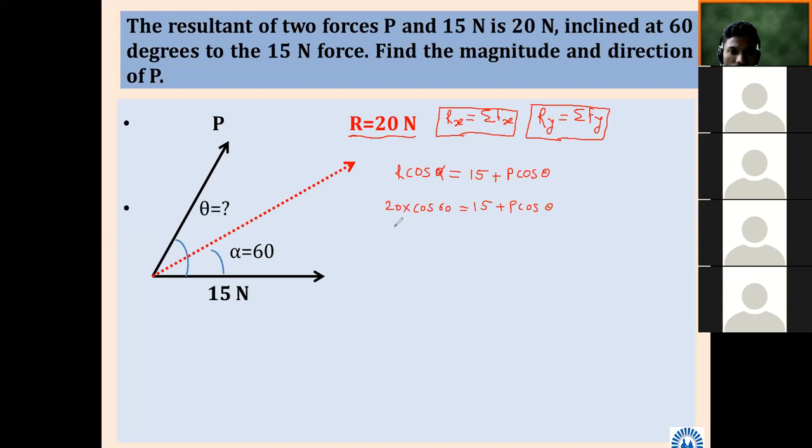Calculate now: 20 into cos 60, how much is it? 10. So 10 is equal to 15 plus P cos theta. So the value of P cos theta is -5.